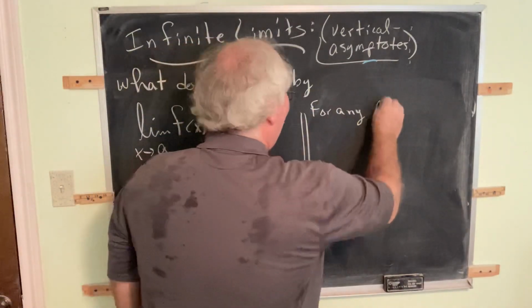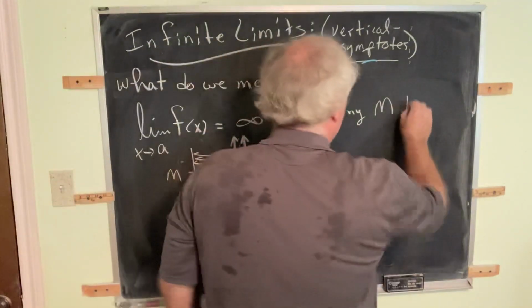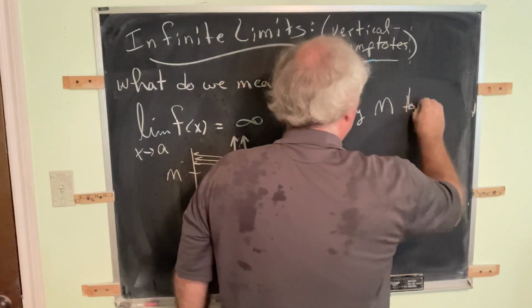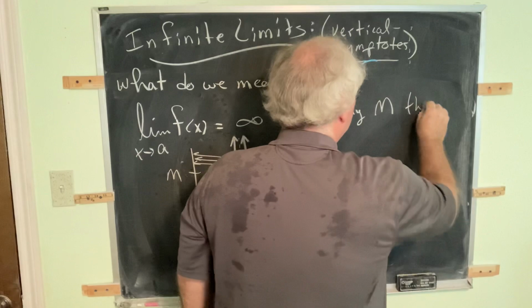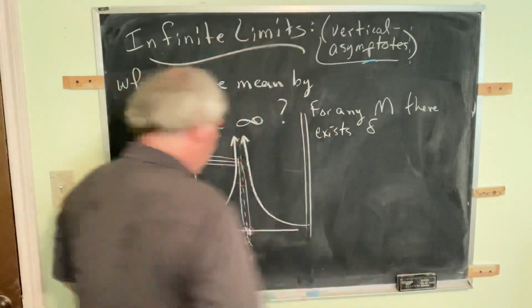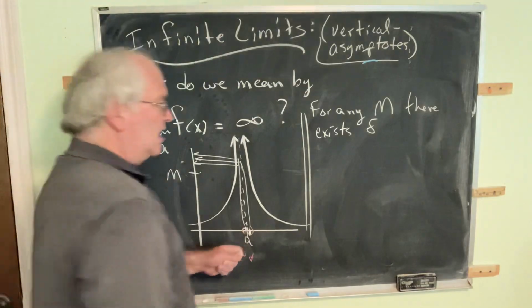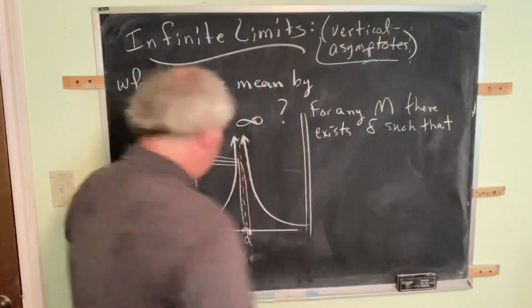For any M, for any value M, I don't care which one you pick, there exists a delta such that, and what must be true? What must be true?